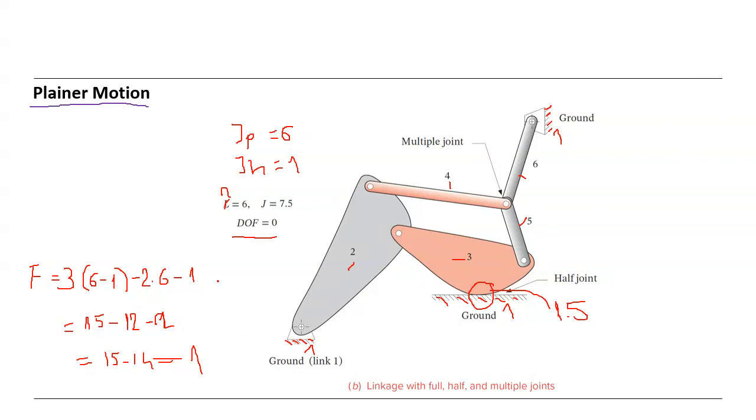We can consider this joint as a degree 2 joint. So if it is a 2 joint, then we take it here 7. But if you take it 7 here, that makes it 14. 14 minus, we have here also 1, the fifth. So let's do it in that way.